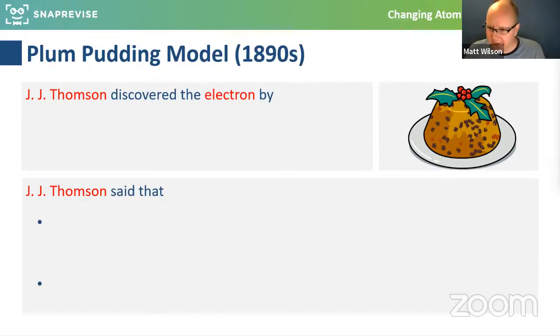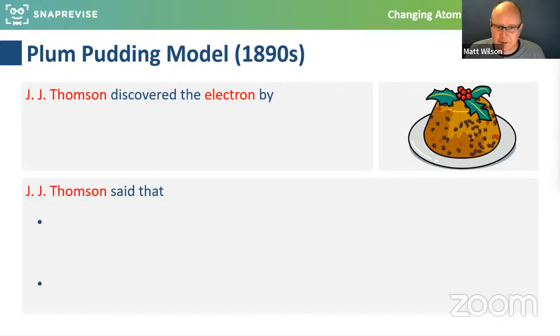He could identify those by making specialist apparatus so that he could heat a bit of metal in an evacuated glass sphere, and he could see the effect of those rays hitting a screen with a phosphorescent coating. These he called cathode rays, and they were made of particles which must have been about 1,000th of the mass of a hydrogen atom. And this was what he discovered to be the electron.